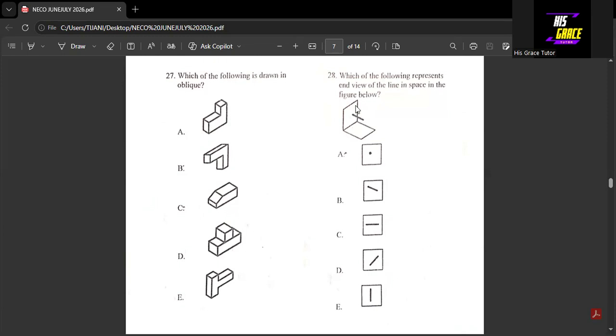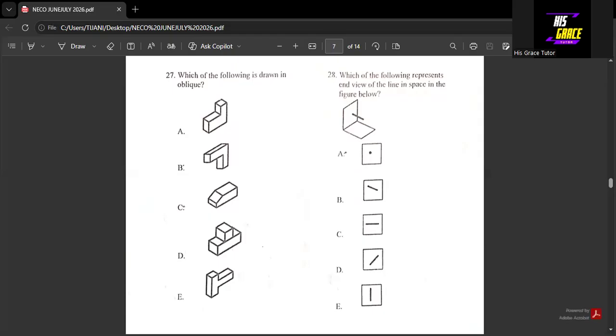Then the plan will be projected on the horizontal plane, and that will give us option E. But for the end view, we are looking at it in this direction. That means the plane is placed in between the vertical plane and the horizontal plane on this side. Looking at the options, option C is the answer to question 28.